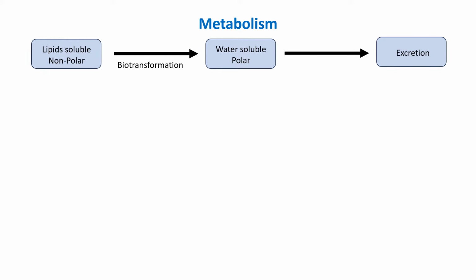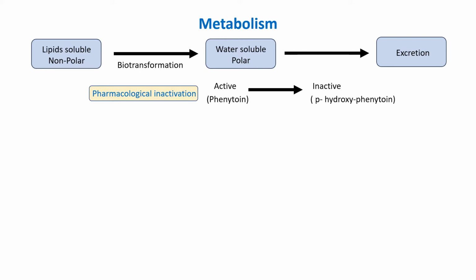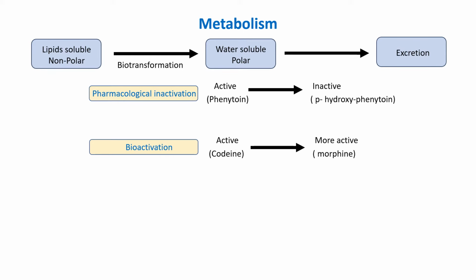Biotransformation has several possible outcomes. It can cause pharmacological inactivation, where an active drug is converted into inactive or less active metabolites. Biotransformation can also lead to bioactivation, where an active drug is converted into more active metabolites.